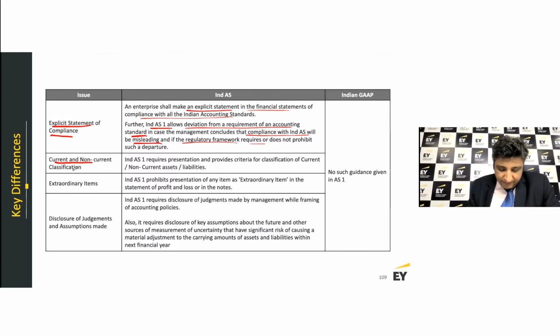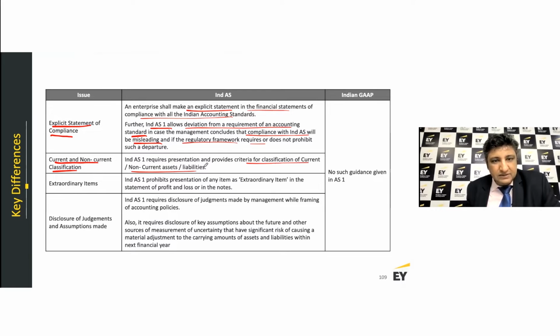The other important distinction is on the face of the balance sheet. Entities need to distinguish between the liabilities and the assets, between the current ones and the non-current ones.